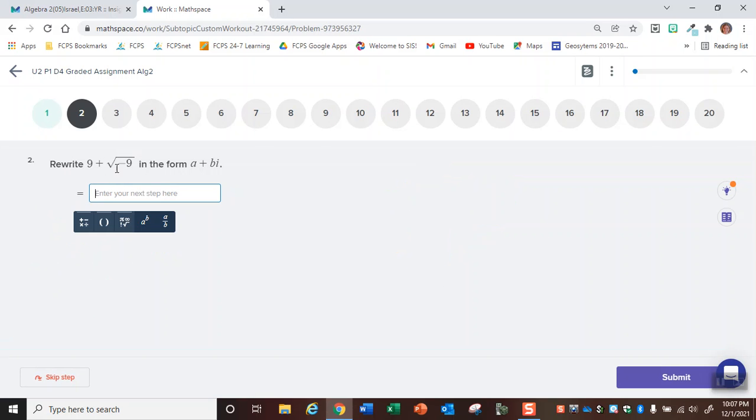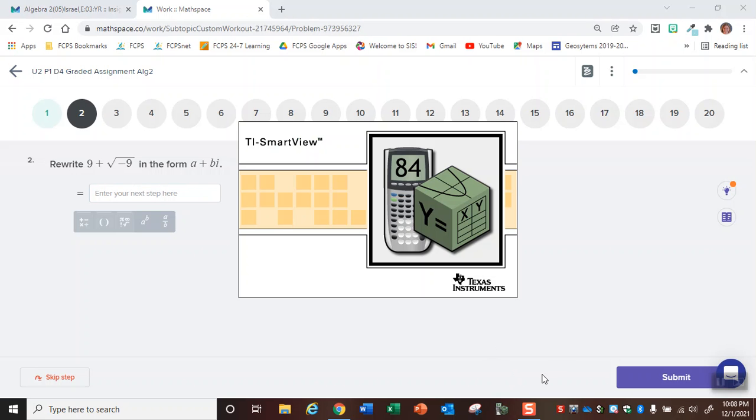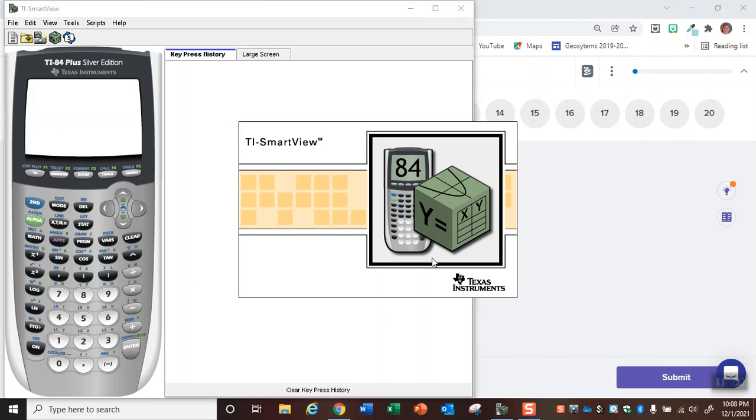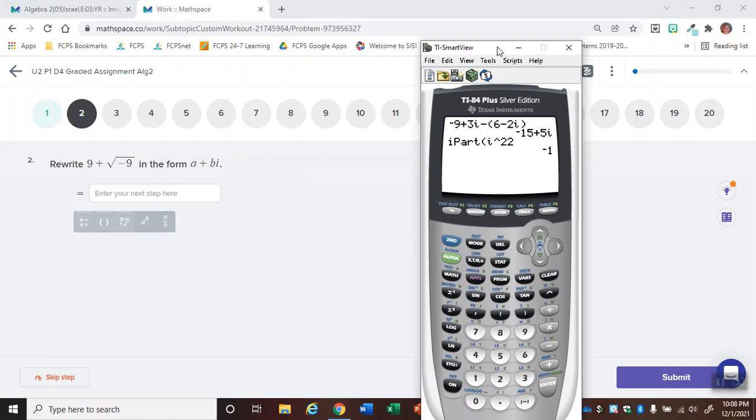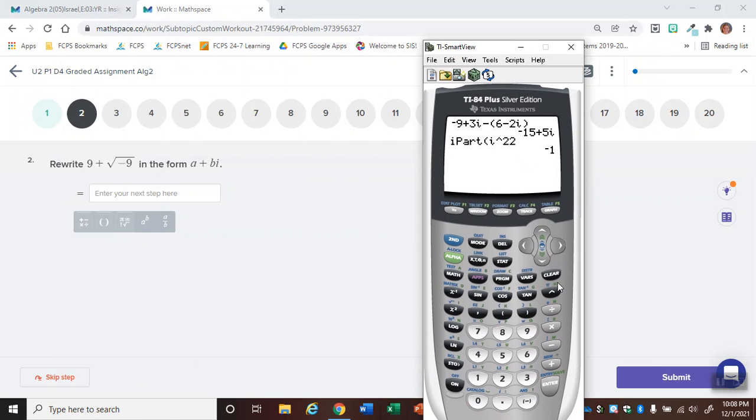So to do this one, you just type this straight up into the calculator. So I'll open this up and I'll just put in here 9 plus the square root, right?